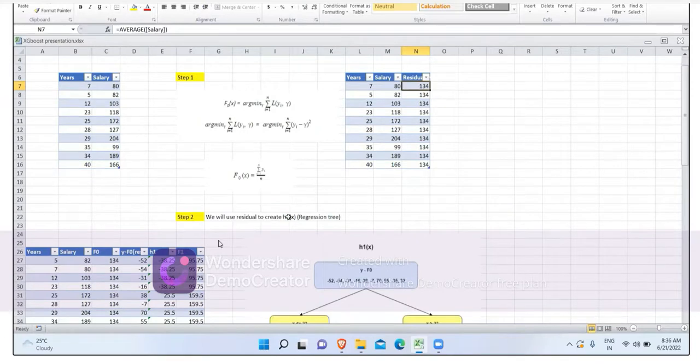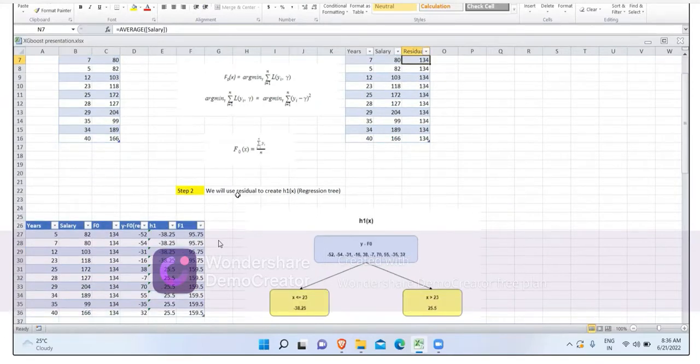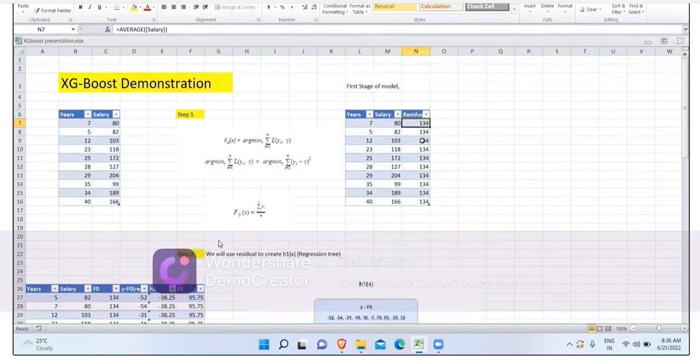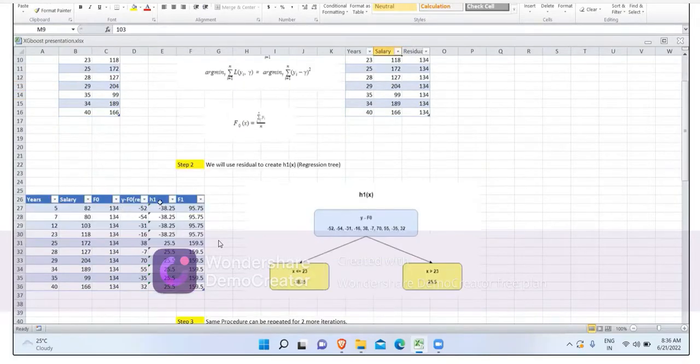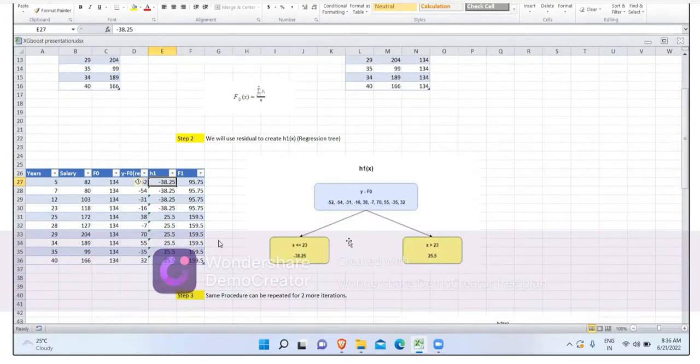So now step two would proceed as the creating of, we can use this residual from the previous table to create this h1, which is nothing but the regression tree, and which will try and reduce the residual from the previous steps.